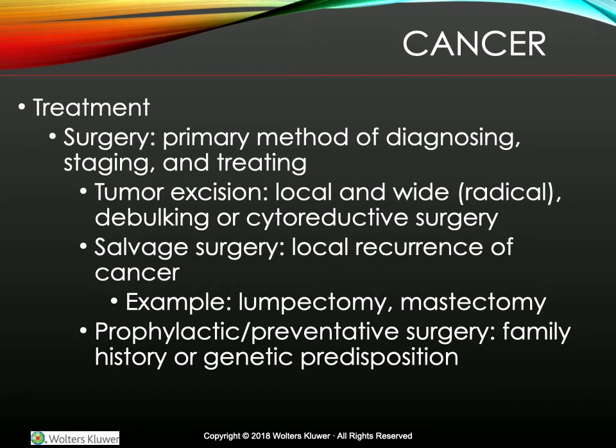Say the client has a family history of breast cancer and that they're also positive for that BRCA gene or that HER2 gene, that gene that says that they are going to develop cancer. So they choose to do a prophylactic or preventative method and go ahead and have surgery to do a bilateral mastectomy to reduce any chances of cancer development.